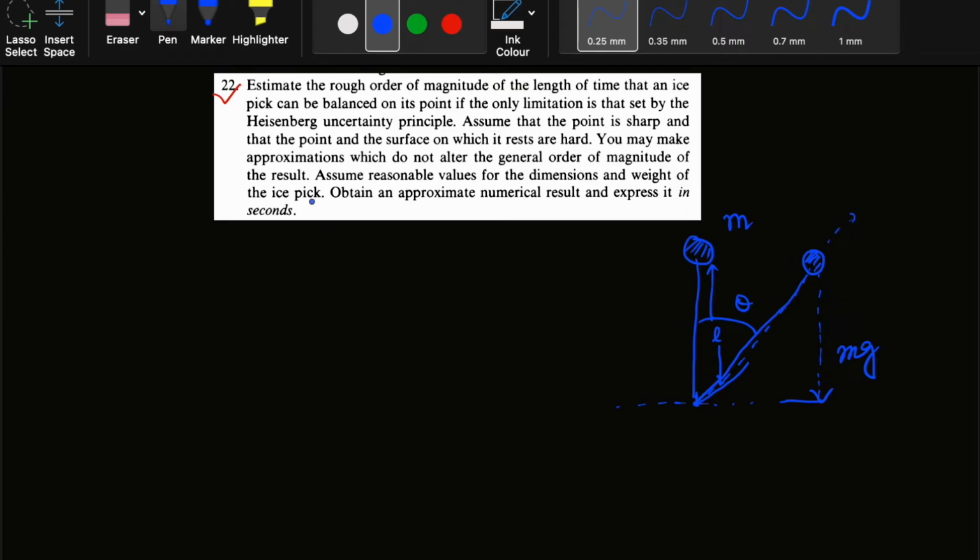That means the torque on the system will give m L² d²θ/dt² equal to mg sinθ.